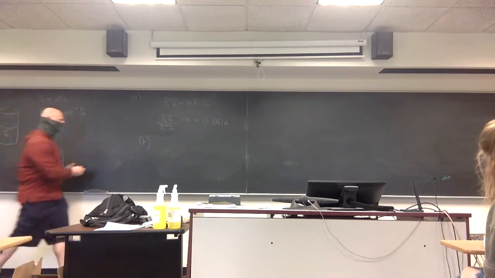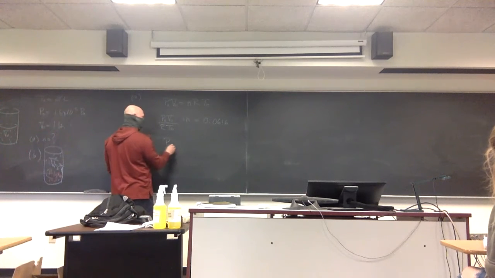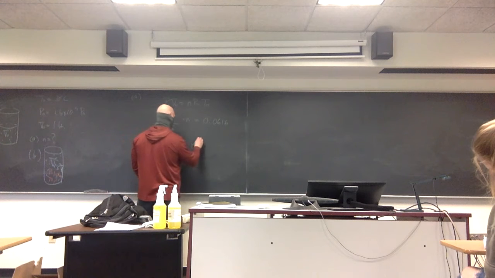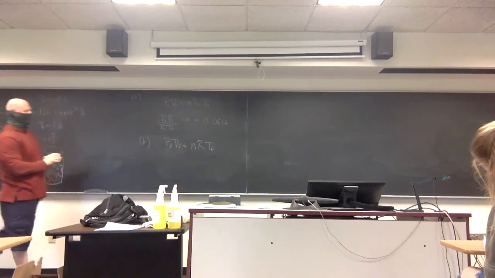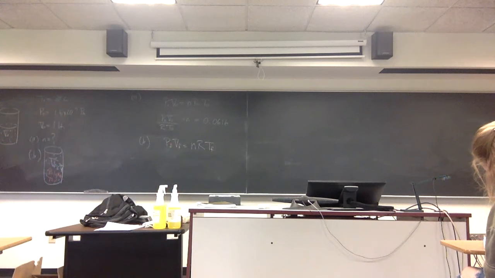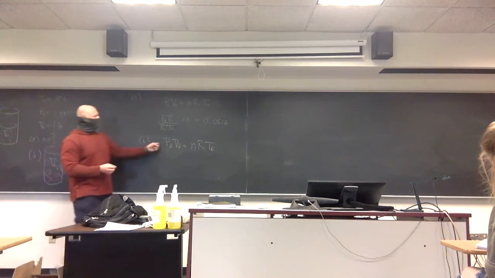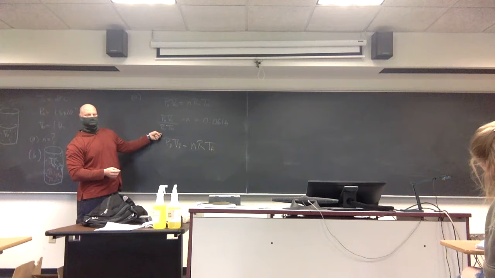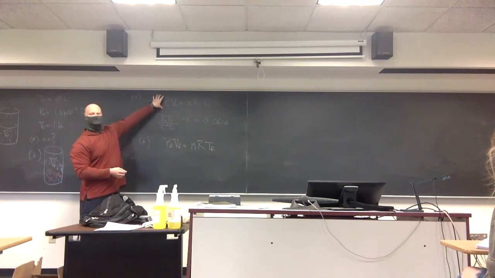So by the time it gets to this final state, what has to be true is that the final pressure times the final volume must be equal to the number of moles times the universal gas constant times the final temperature. Now, what I would usually do from here is say, well, if this is true and this is true, what happens if I divide these two? It's just an easier way to do it. So instead of working with this, I'm going to turn this into a ratio.